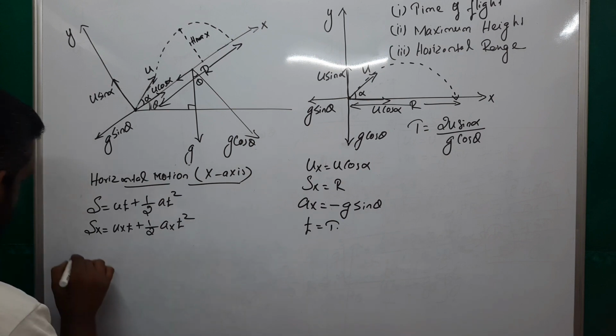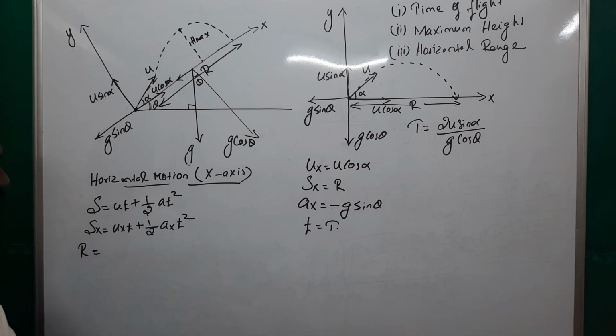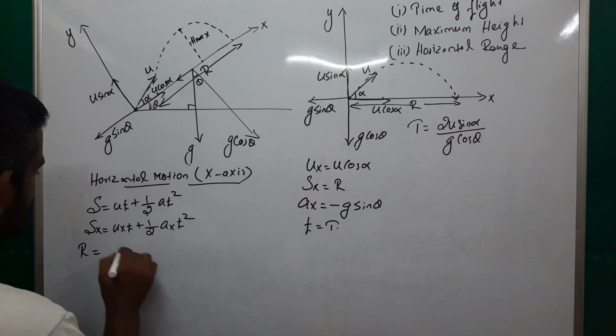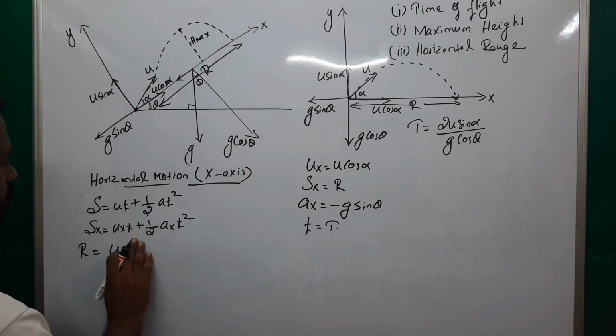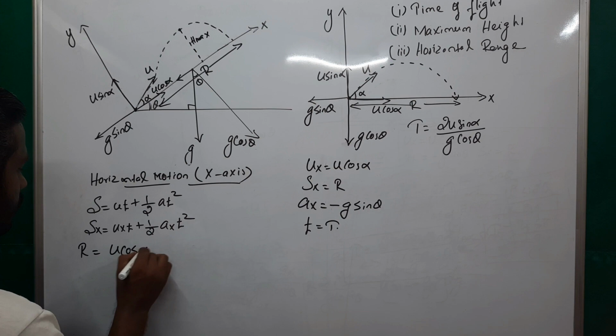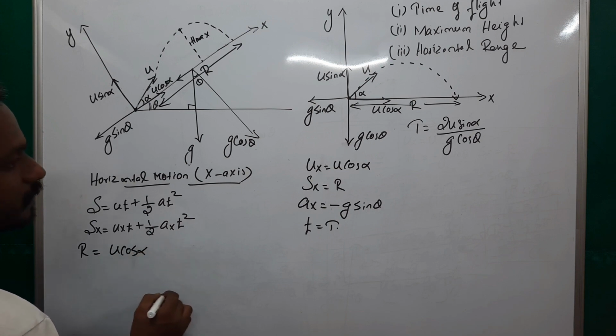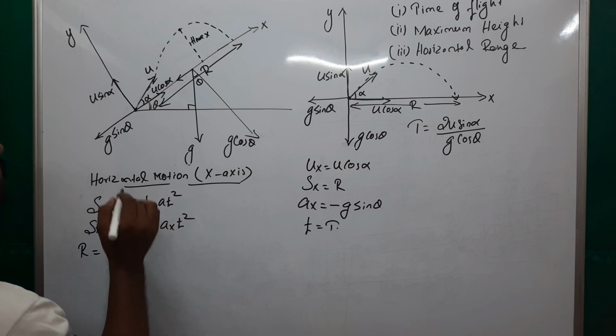So substitute the values: capital R is equal to ux, u cos alpha, into t.